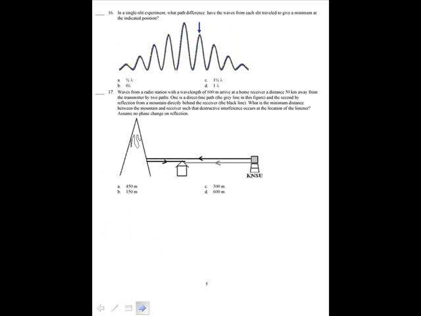Single slit experiment, what path difference from each slit traveled gives a maximum at the indicated position? Well, this is 0 wavelengths, this is 1/2, this is 1, 1.5, this is 2. So right here we have a 1 wavelength difference, that is D.